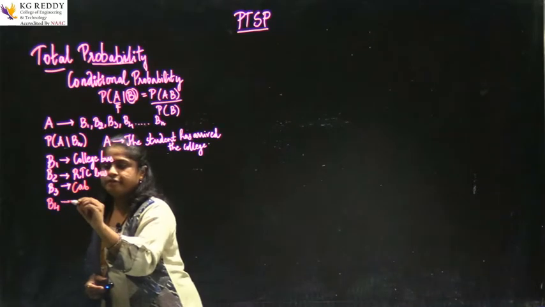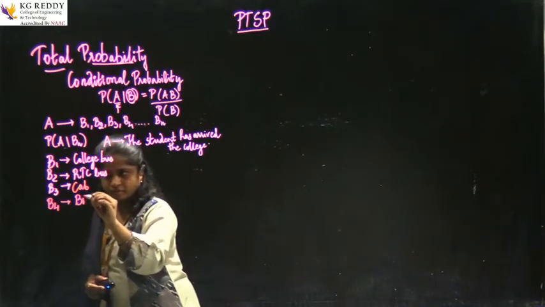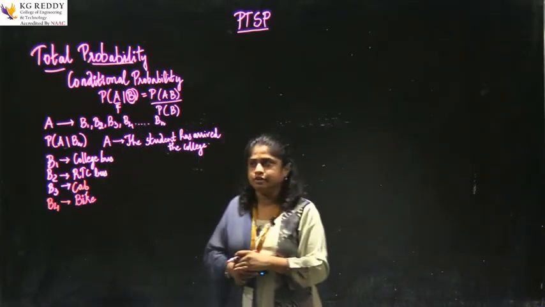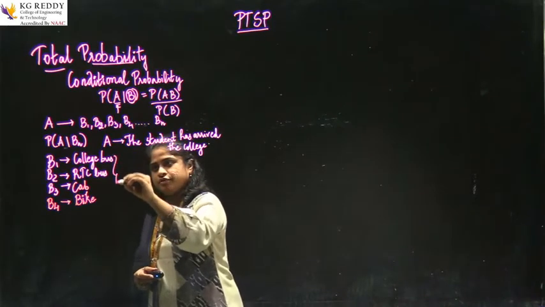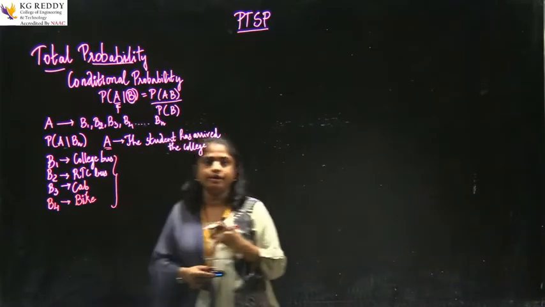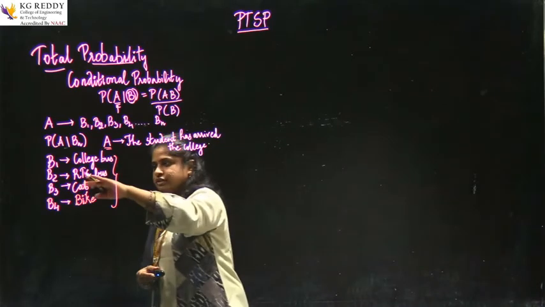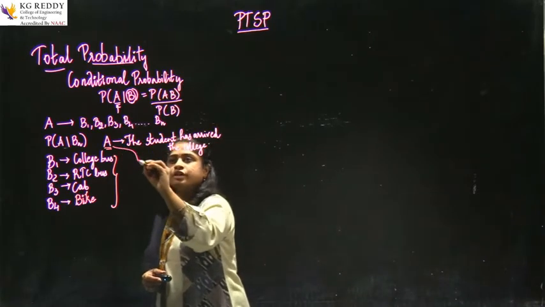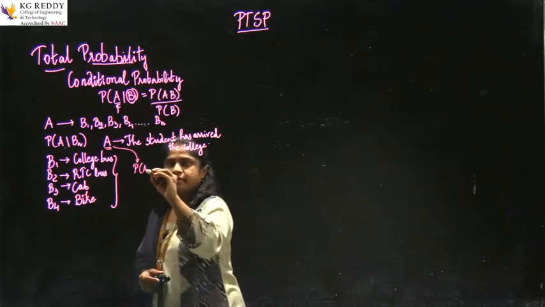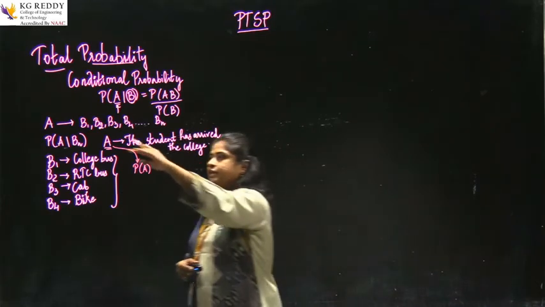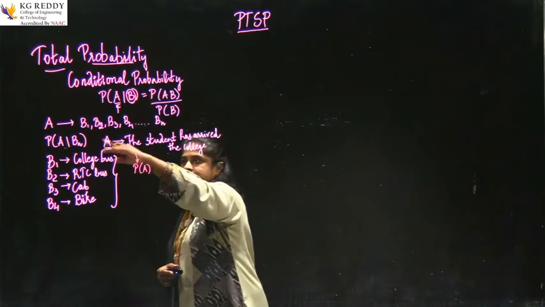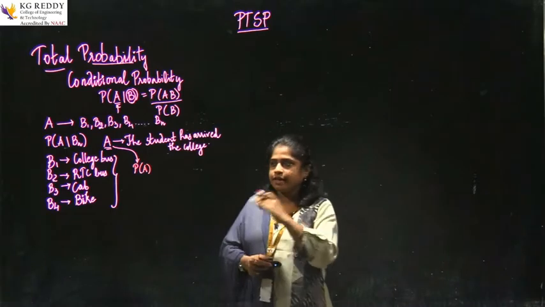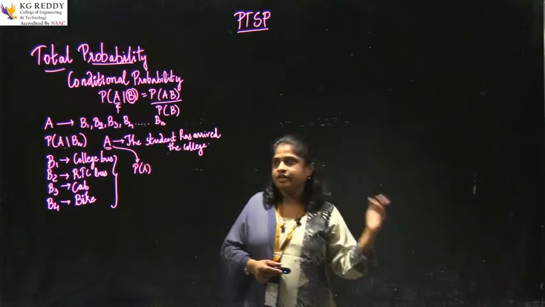And B4: the student might have taken his or her bike and then came to the college. After the occurrences of these events only, this event will take place. That time I have to find out the total probability of A, because A is dependent upon many events: B1, B2, B3, B4. Like this, A is dependent upon multiple events.